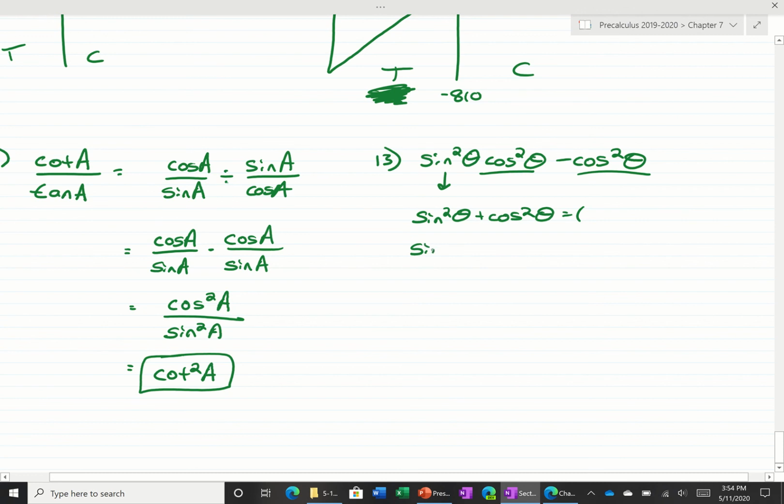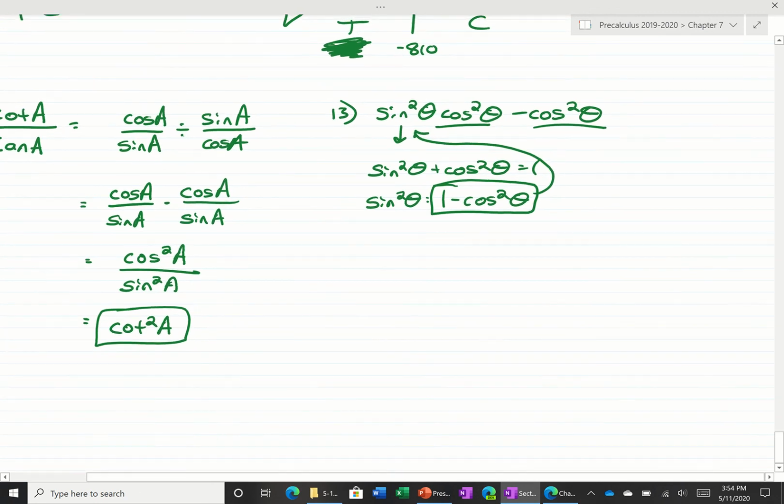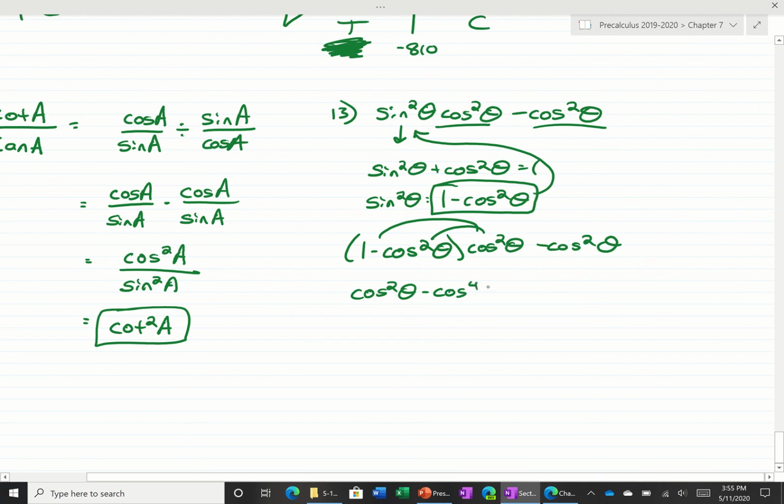So sine squared by itself would be 1 minus cosine squared. So I'm going to make this substitution. Instead of sine squared, I'm going to write 1 minus cosine squared. I'm going to distribute. These terms cancel, and we're just left with negative cosine to the 4th of theta. That's one way we could do it.